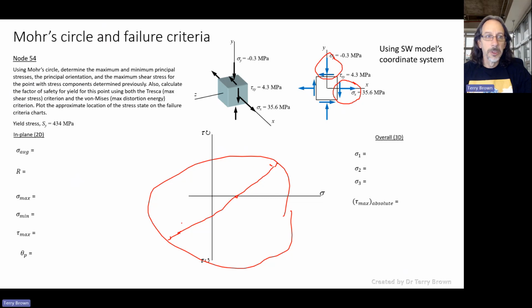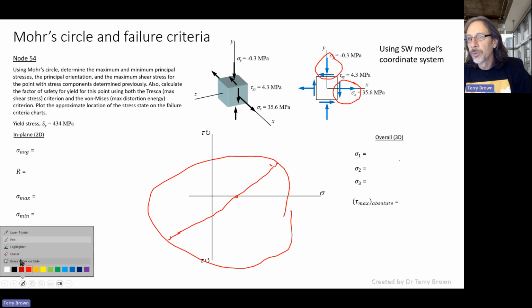But instead of just numbers that are kind of meaningless in a simple maths problem, here the context is stress analysis and understanding transformation of stress, using this simple high school maths to do that. So let me see if I can get rid of all that stuff. Pen, erase all the ink.